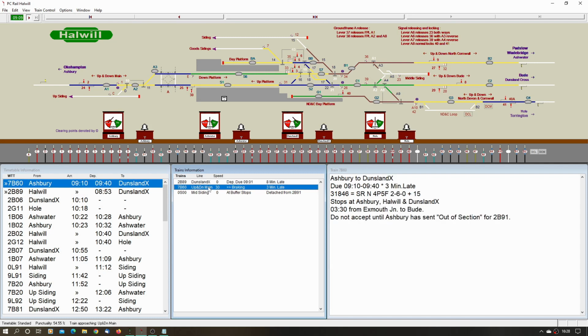And this class 7 is also braking on the approach to us at Halwill. As it's booked to stop in the station, we don't need to caution this one.